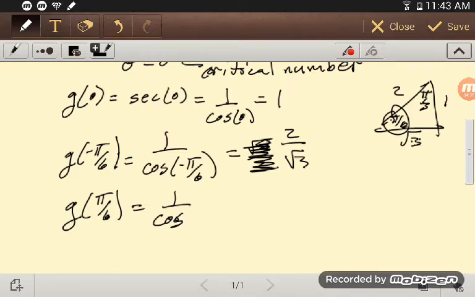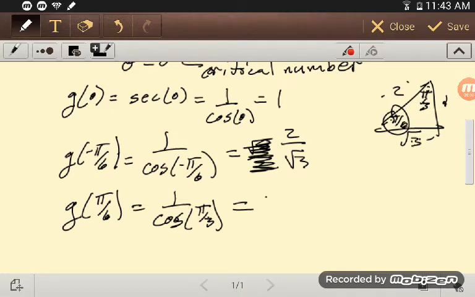Okay, so cosine would have been the square root of 3 over 2, but we wanted 1 over the cosine, or the secant. So again, here we have 1 over the cosine of pi over 3. And looking at this, here's the triangle, pi over 3. Cosine would be the 1 over the 2.